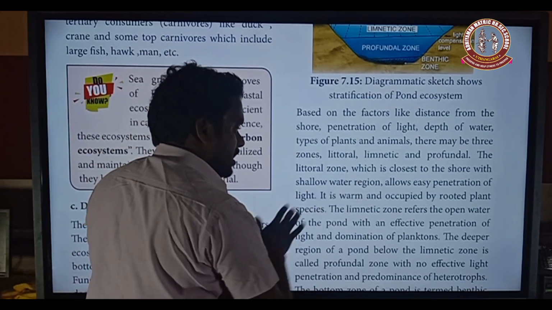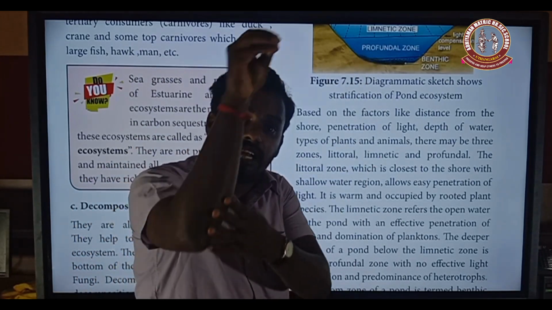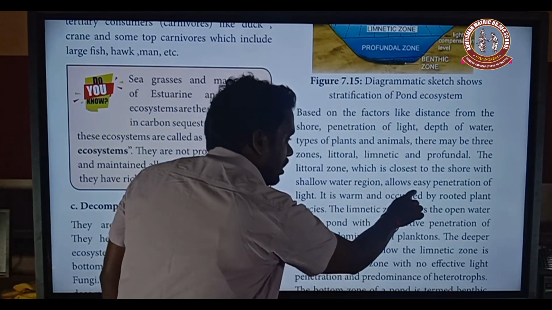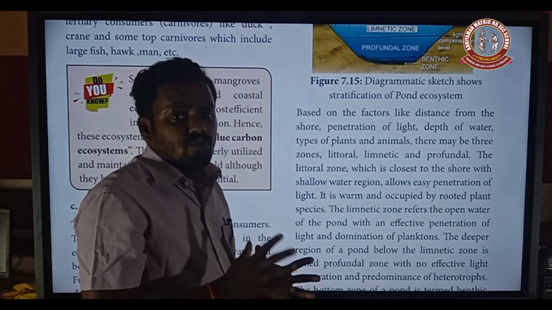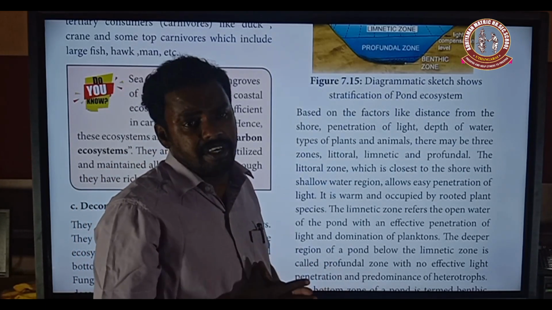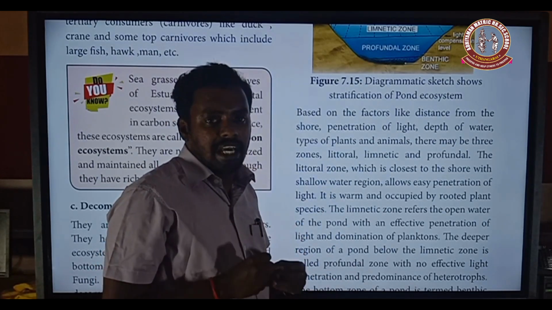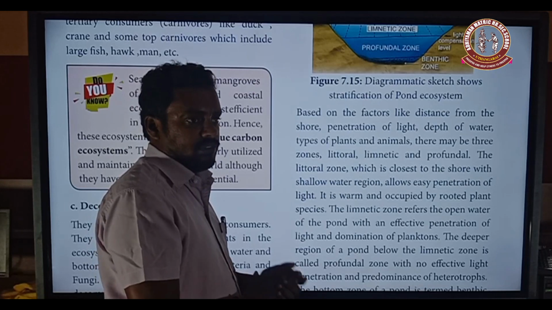The shallow water allows light energy to pass easily through the littoral zone. That means it allows easy penetration of light energy, and it is warmer. It is a warm area occupied by rooted plant species. That is the first one.